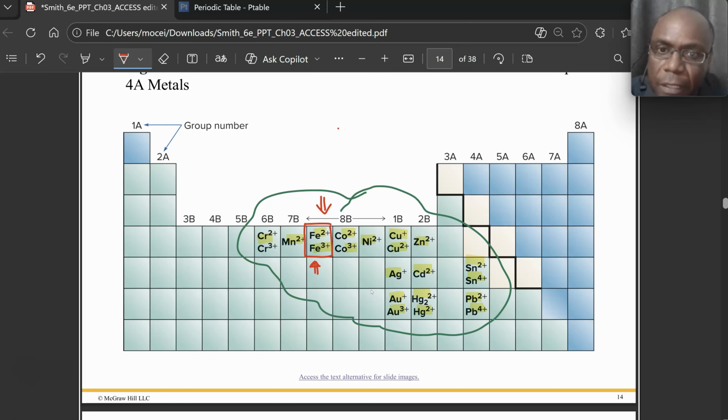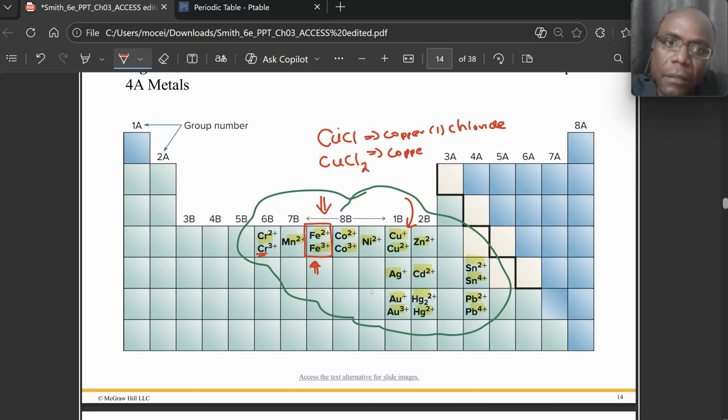So you also have chromium that has 2 versions. Copper has 2 versions. You can have copper 1 chloride. This one would be copper 1 chloride, for example. But if I write it like this, it will be copper 2 chloride.